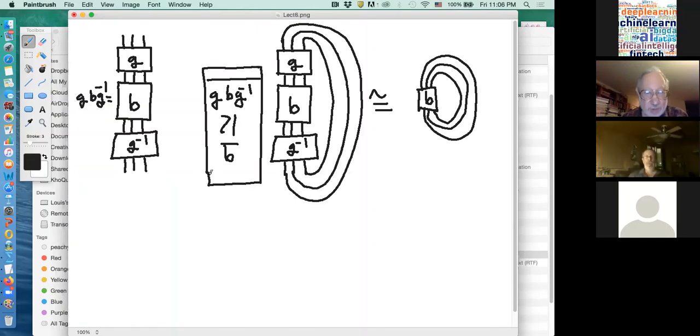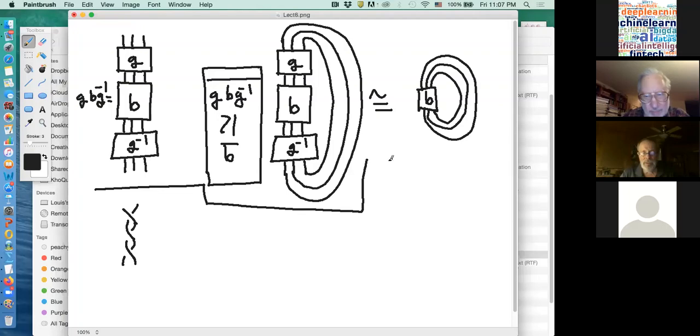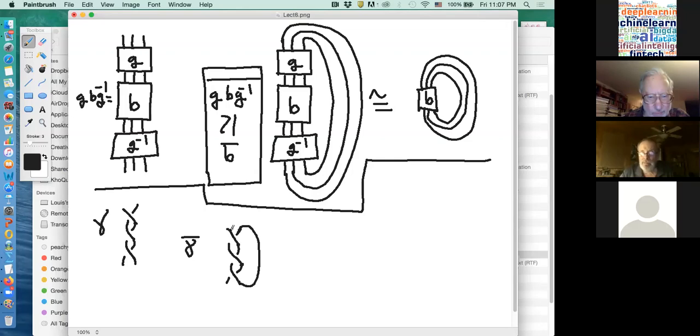And it's worse than that. Consider the following. Here is a braid gamma, and gamma closure is the trefoil knot. Fine. Now look at this.